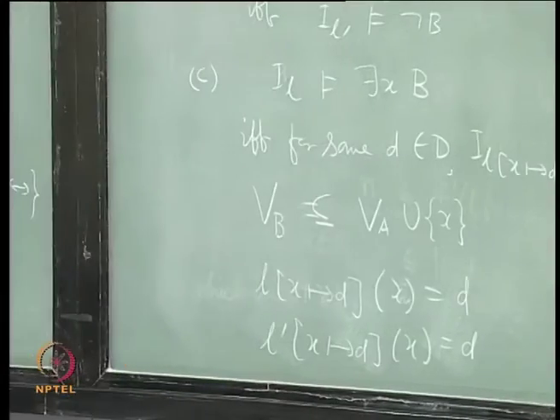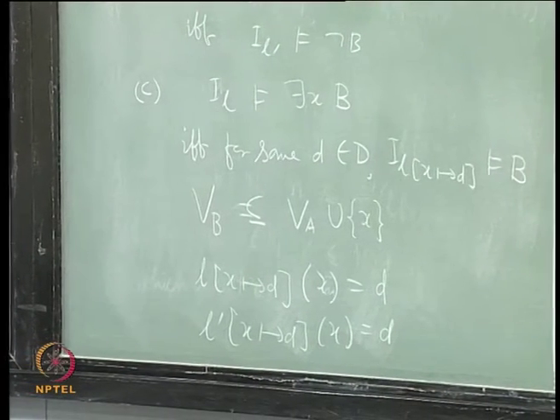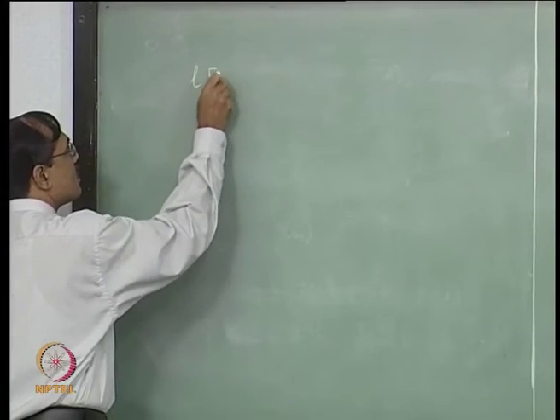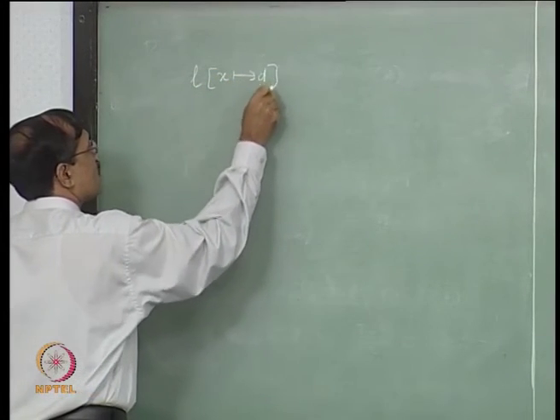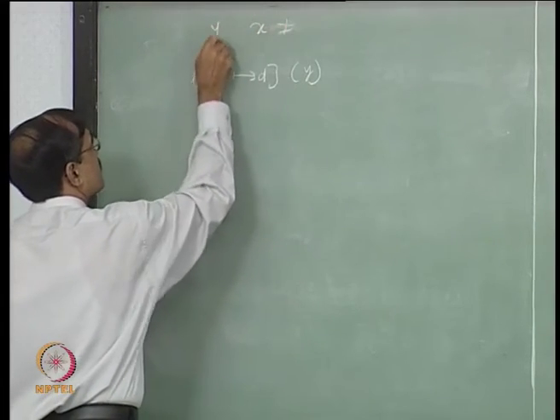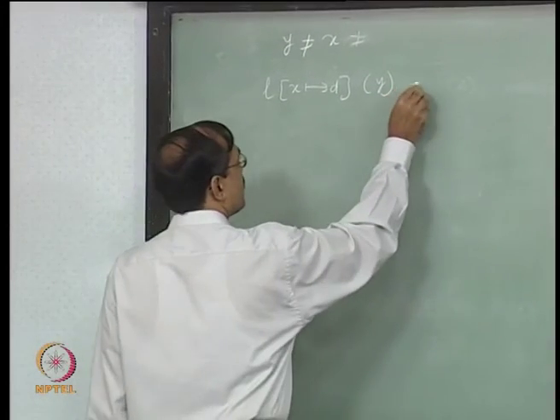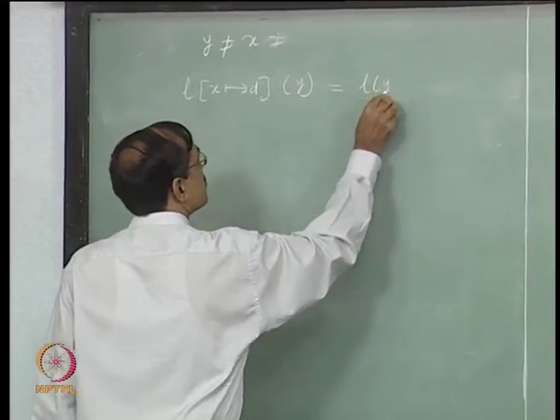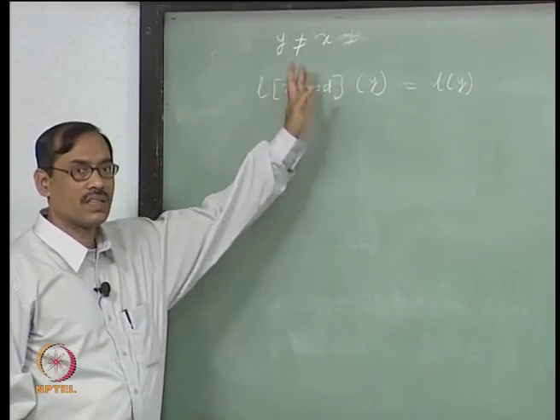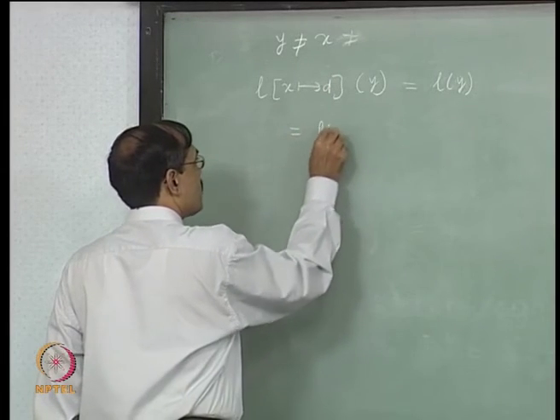Yeah, we will write it again. So, now we verify L x fixed to d of y, where y is not equal to x. Okay. So, this is equal to L of y by definition, because x is only fixed to d, all others are as they were. So, this is L of y, and L of y equals L prime of y.